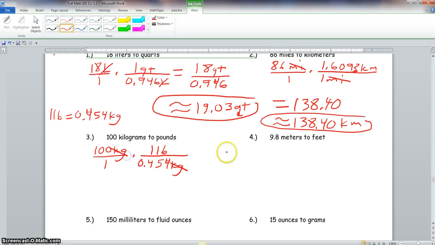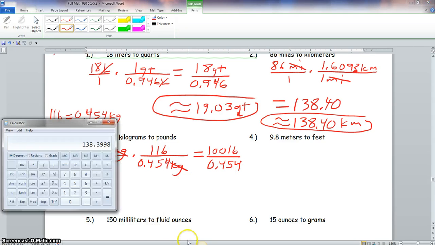Kilograms will simplify out. In our numerator, we have 100 pounds all over 0.454.